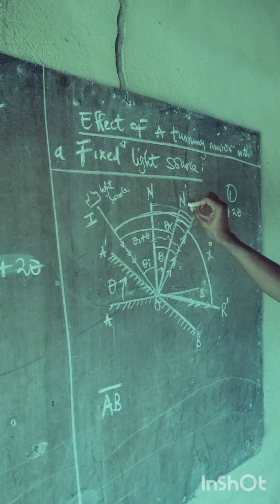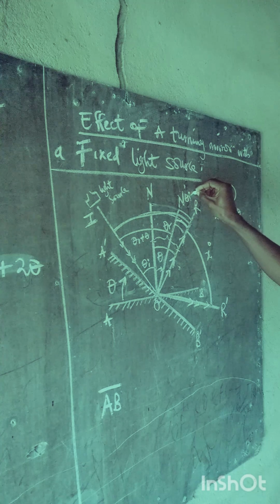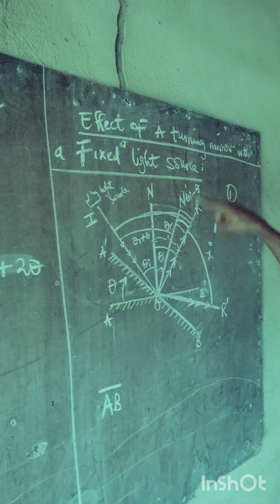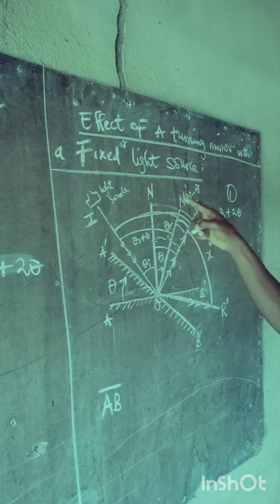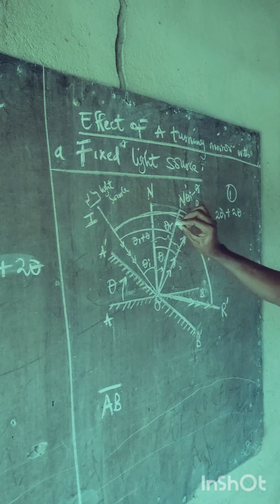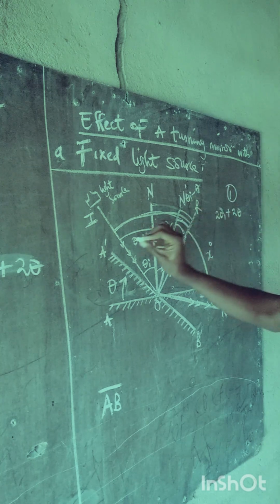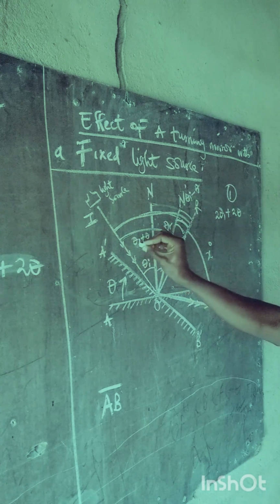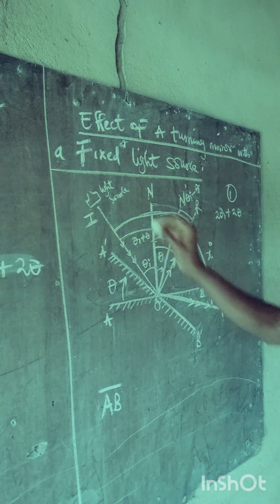In other words, we have here theta I, or you can say theta R, minus theta, which is the decrease due to the change of the normal from its initial position to the final position. Don't be lost. So the angle here is theta I minus theta, while the angle here is theta I plus theta.